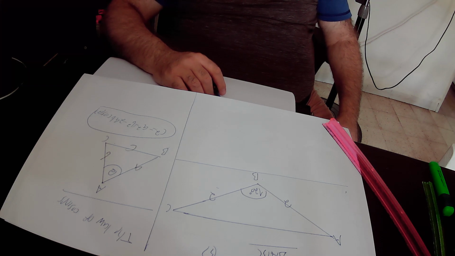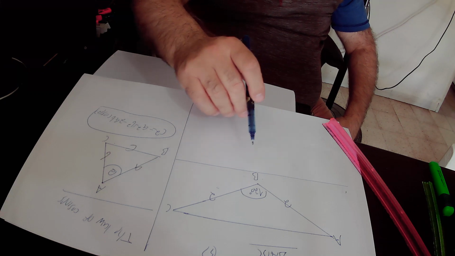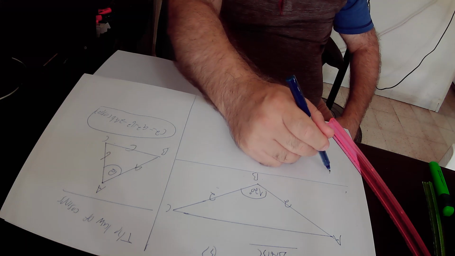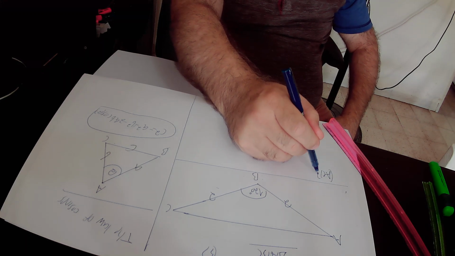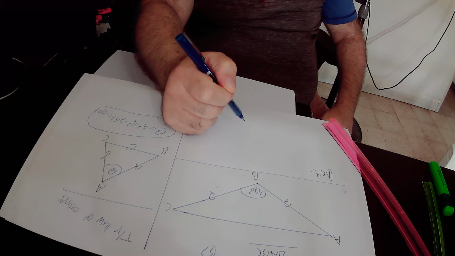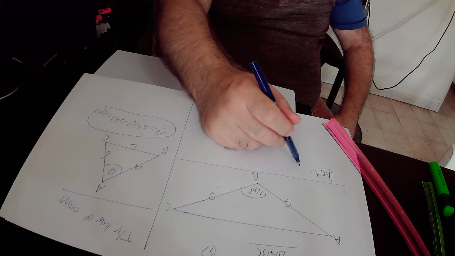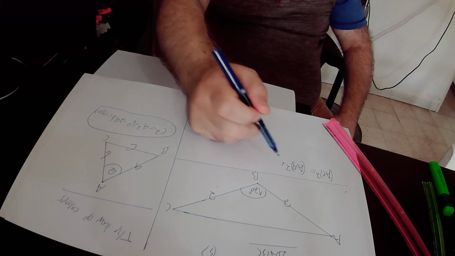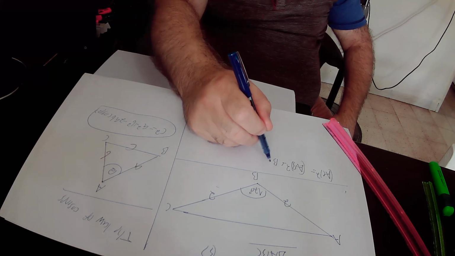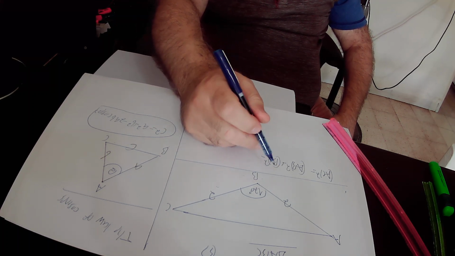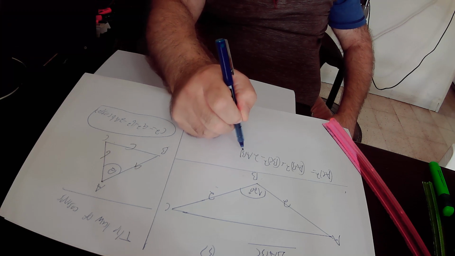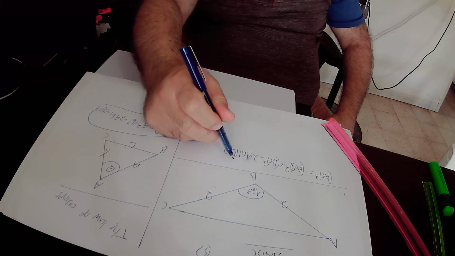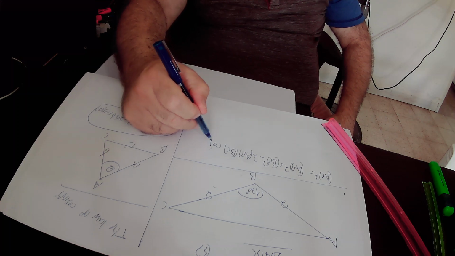So, according to the law of cosines, if we implement it in our triangle ABC, we get that AC squared equals AB squared plus BC squared minus 2 times AB times BC times cosine 120 degrees.